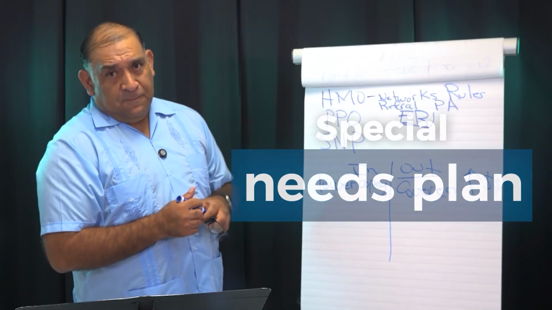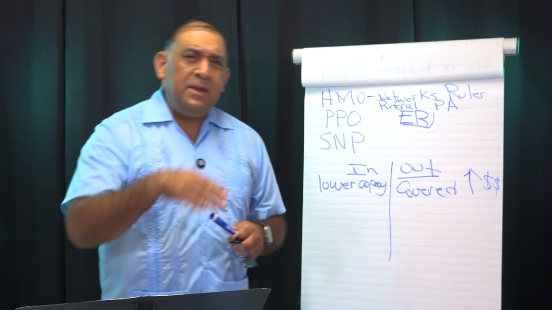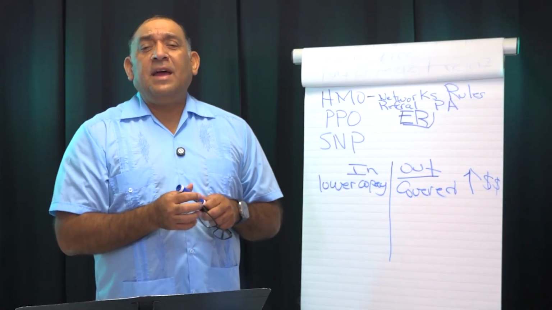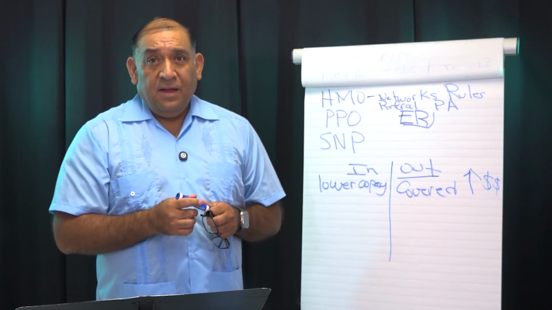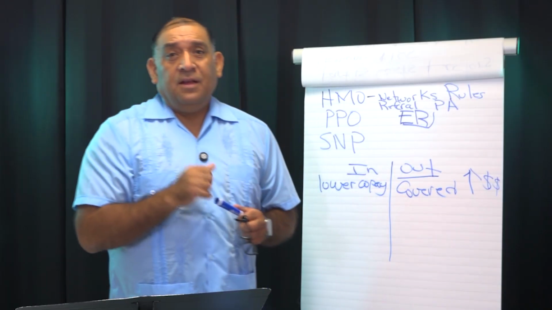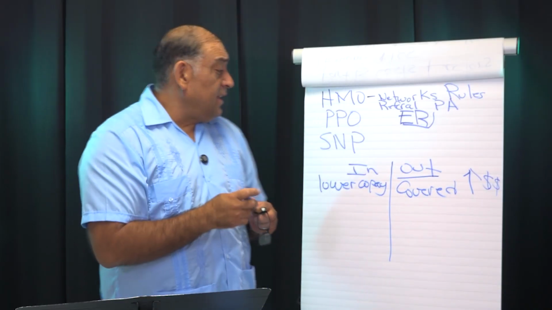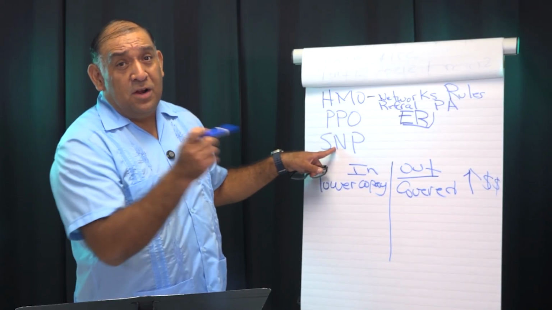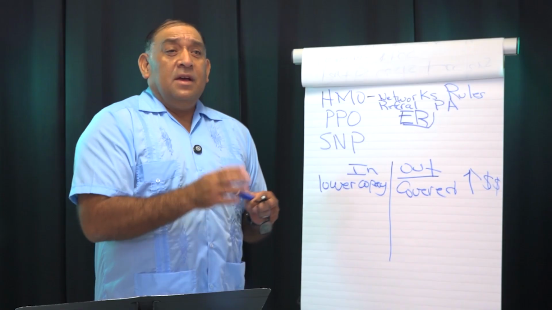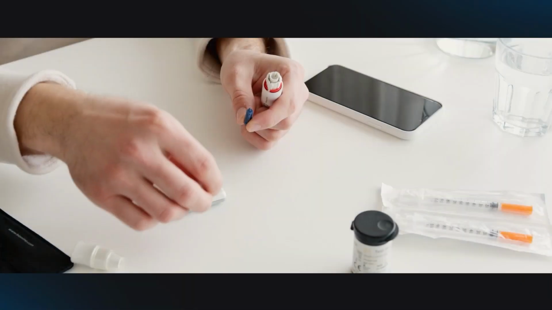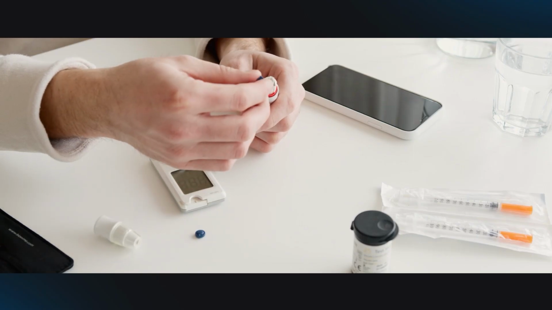Special needs plans. A lot of the insurance companies, Bravo company, Delta company, Charlie company, have plans for, let's say, a diabetic. They may have plans for people that have Medicare and Medicaid. So if that's the case, there are plans for you. If you're a diabetic, Charlie company may say, hey, it's already June and you can't make a change, but you're a diabetic. We have this chronic plan and you can join it.